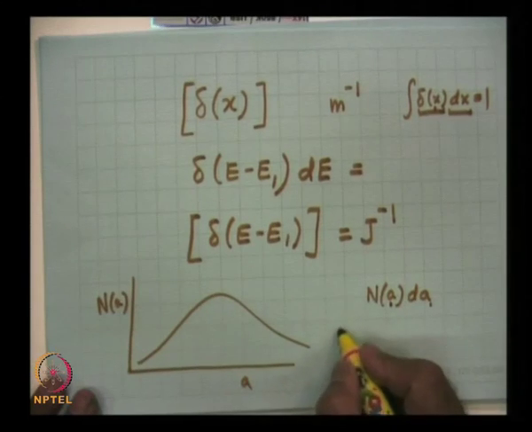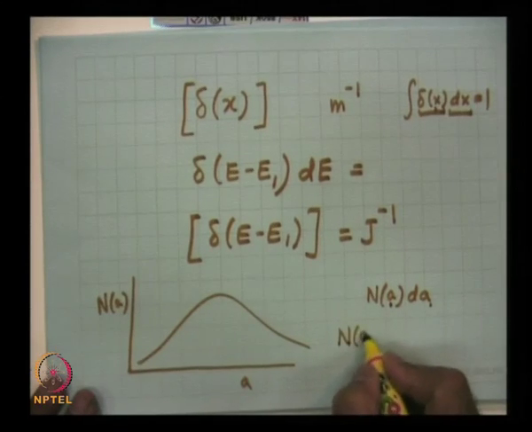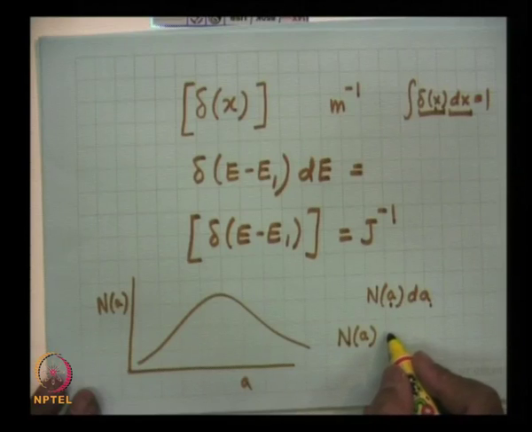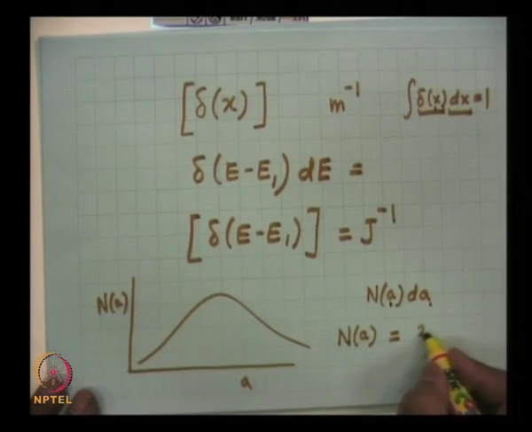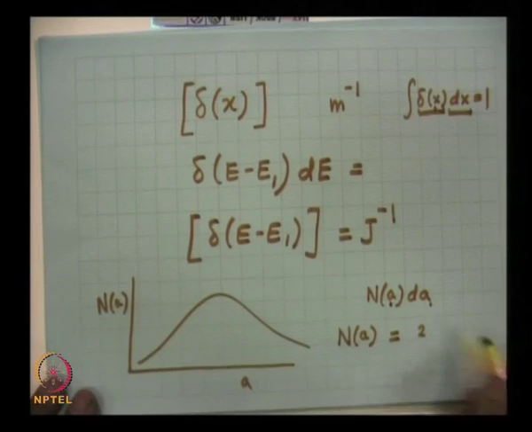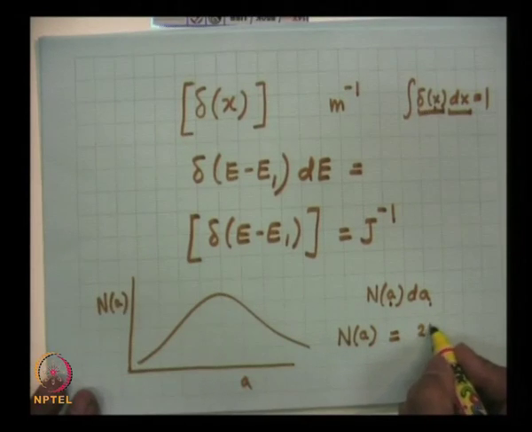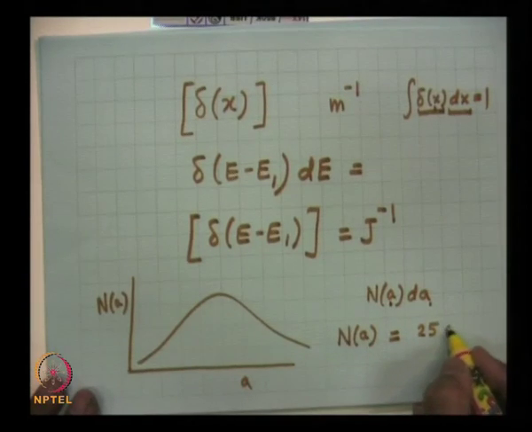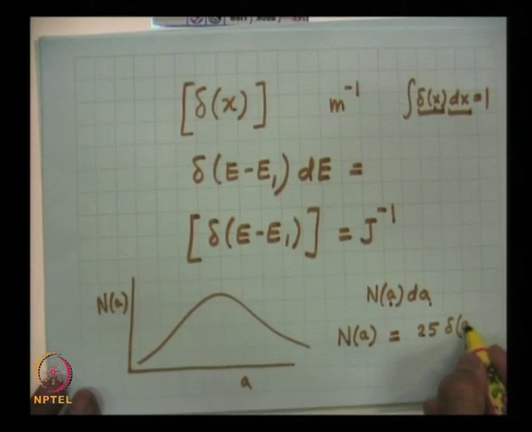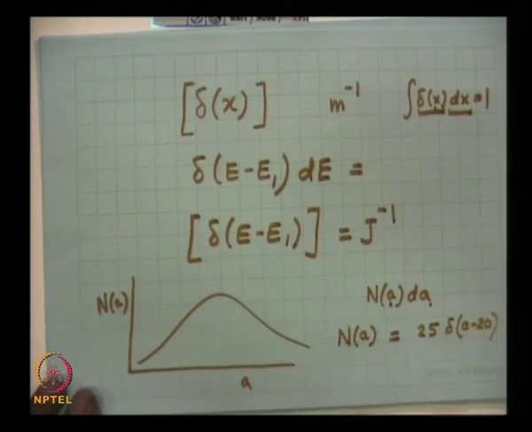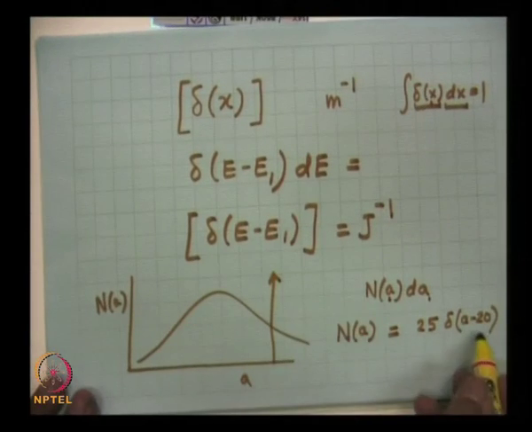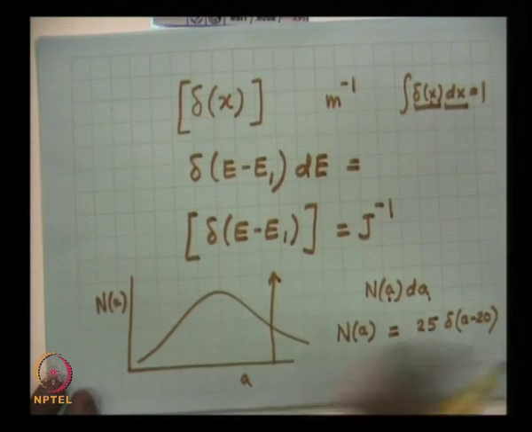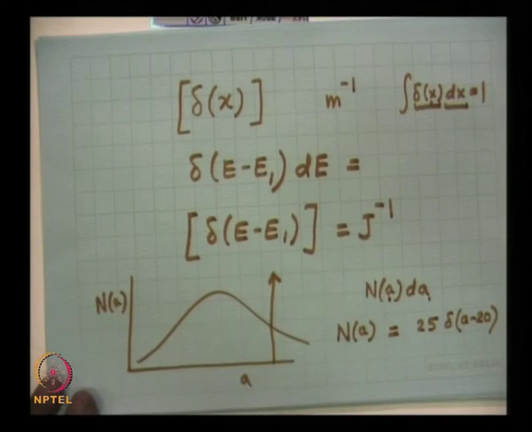But if we do have exactly 25 students who have the age exactly 20 years, then that is represented by a Dirac delta function, and the dimension of this will be age inverse.